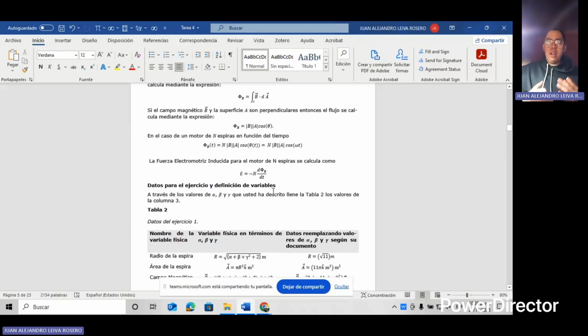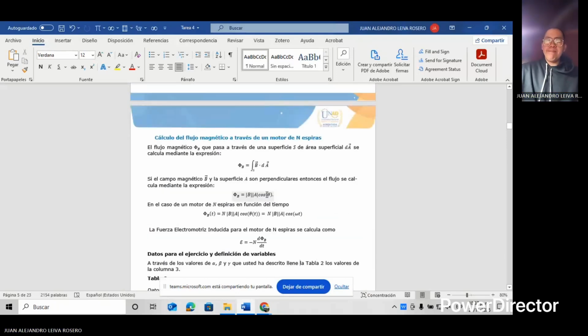In the context of the electric motor, this concept helps us understand how the interaction between magnetic fields and current-carrying conductors generates motion. We will begin with the basic mathematical formulation of the magnetic flux and progressively build its application in practical motor scenarios with time-varying conditions.